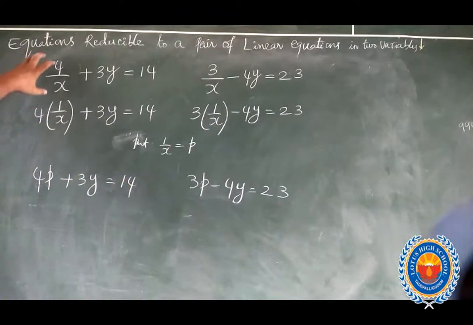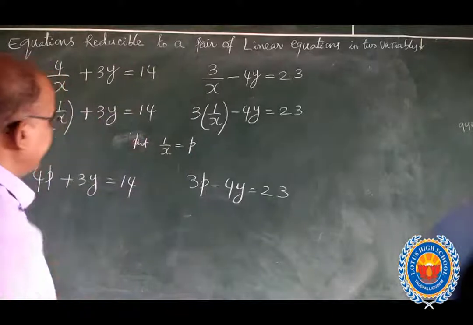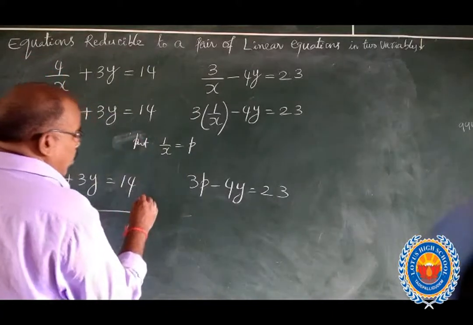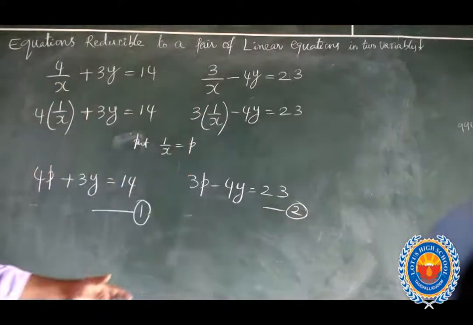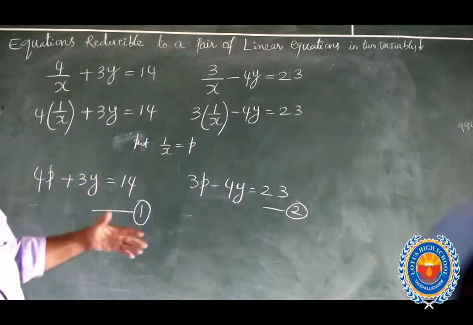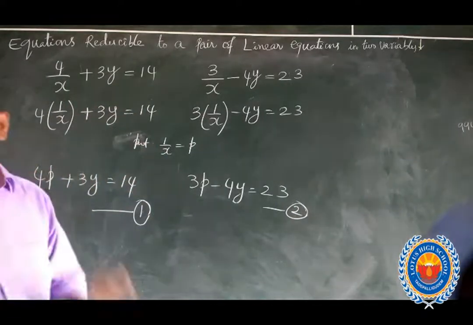Here for 4 by x I have written 4p and for 3 by x I have written 3p. This is equation 1 and this is equation 2. Now I will solve equations 1 and 2 so that I will get p and y values. After that I will get the x value also.